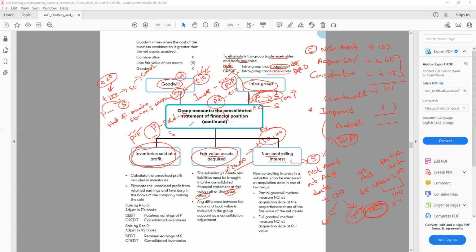If the subsidiary sold to the parent, it will be minus from the subsidiary. Remember that. So if the parent sold to the subsidiary, then provision for unrealized profit will be minus from the parent. If the subsidiary sold the inventory to the parent, then the provision for unrealized profit will be minus from subsidiary retained earnings.